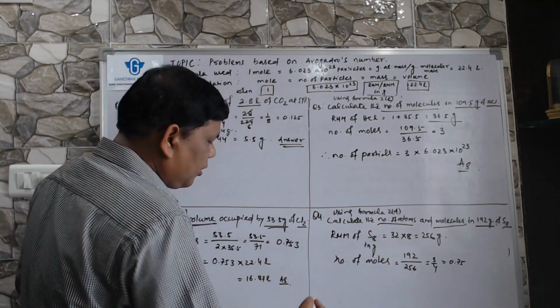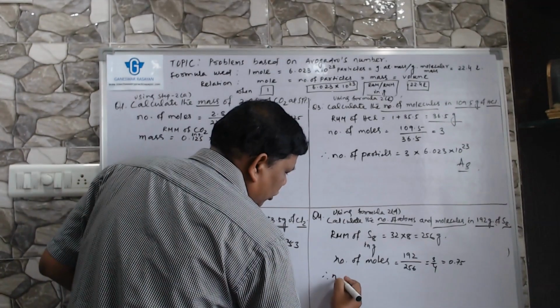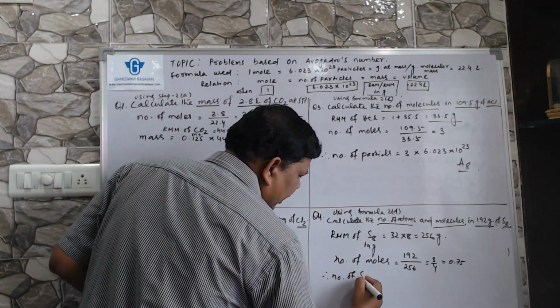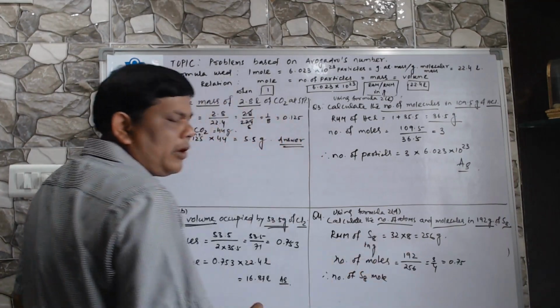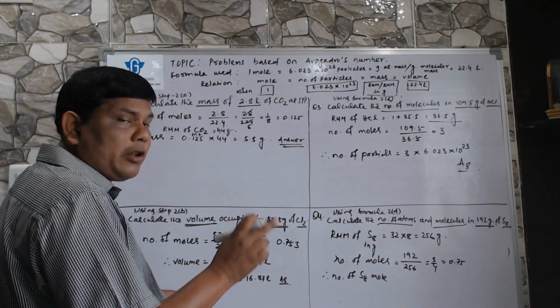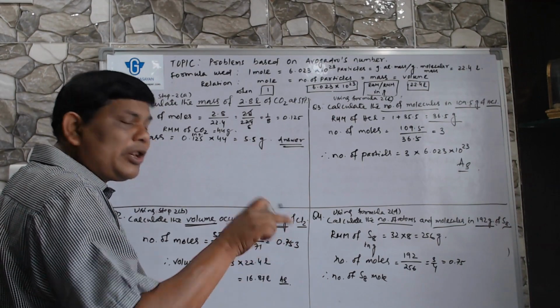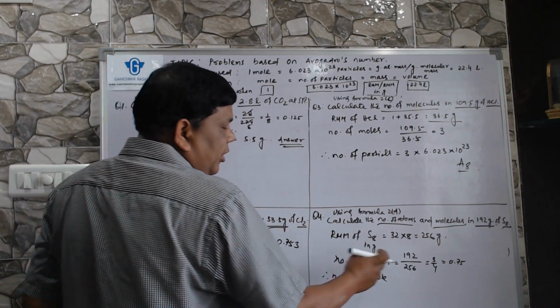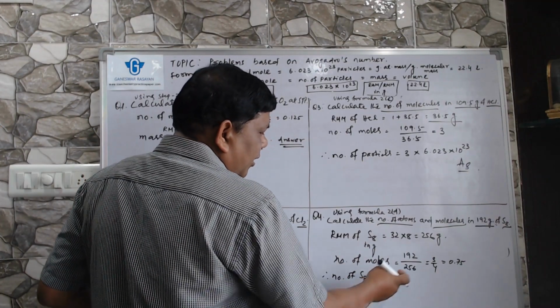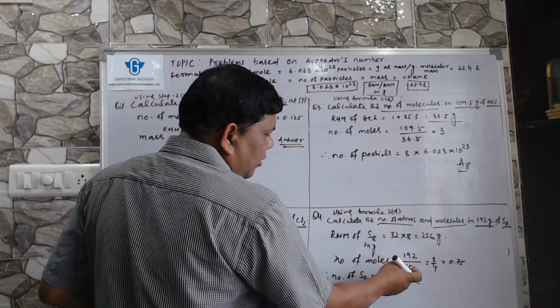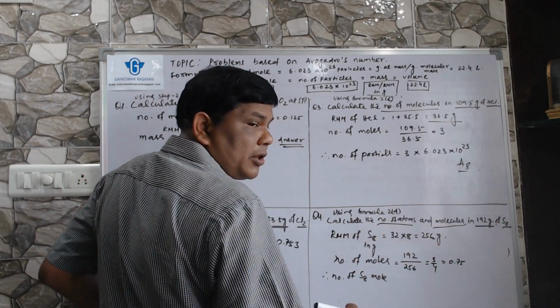So therefore number of S8 molecules. See, this is calculated for the molecules. Moles is calculated using the molecules. Here 192 is taken as the mass and 256 is the RMM.